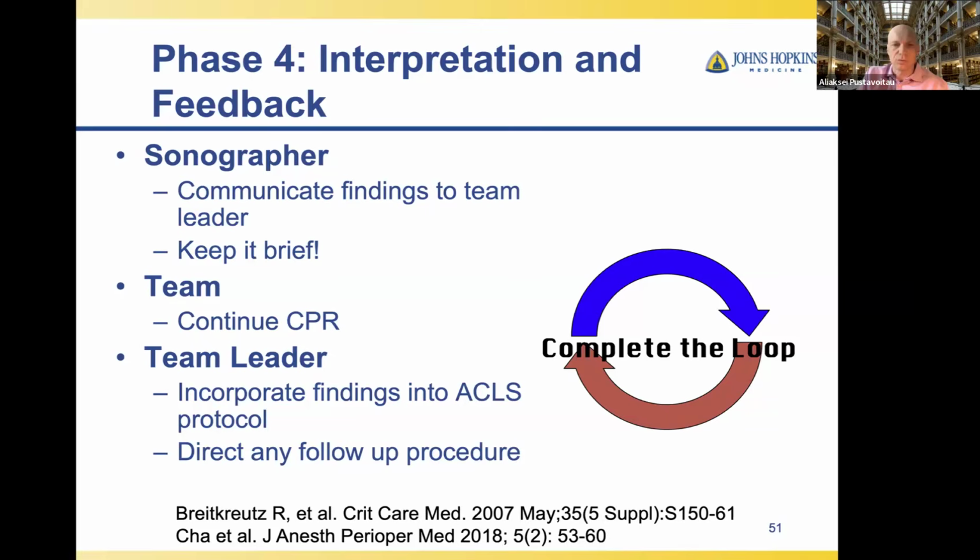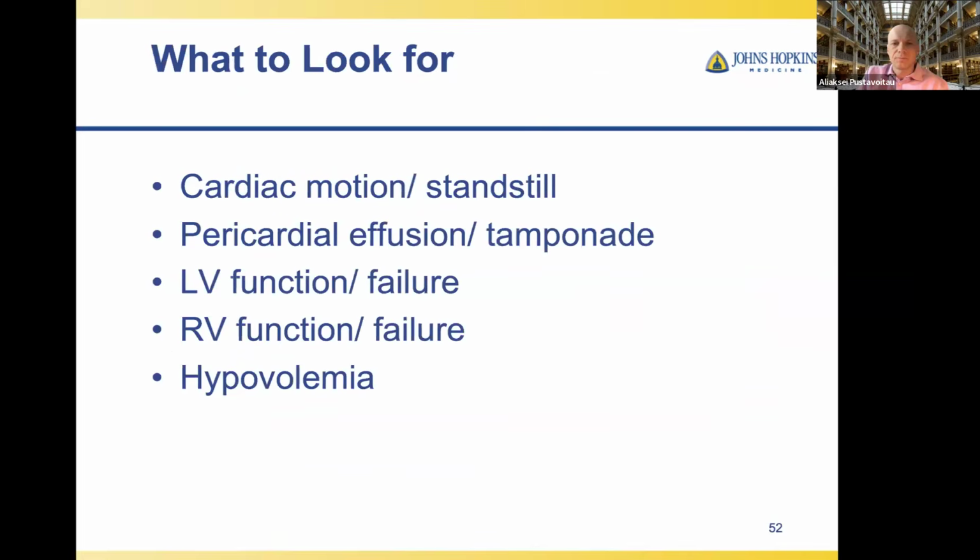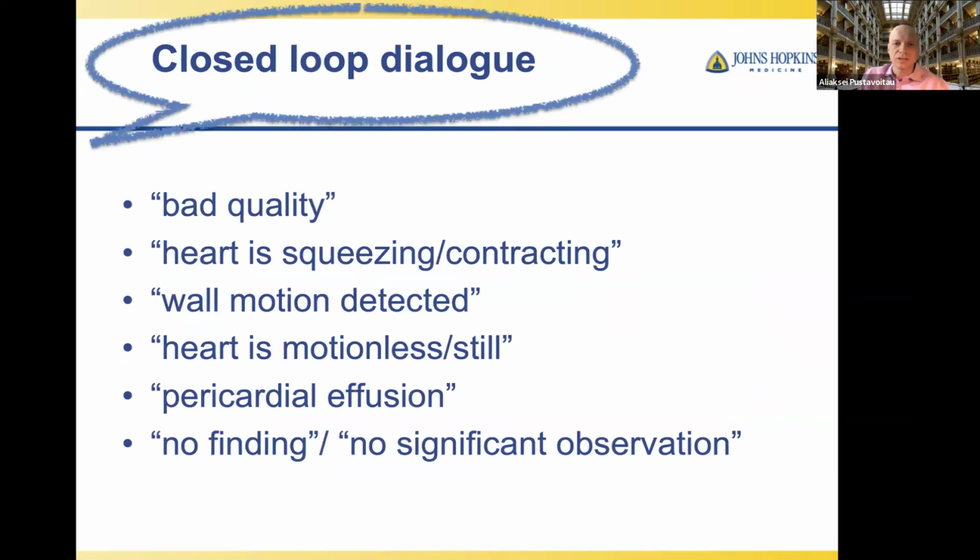Complete the loop. What we will look for is whether the heart is moving or not moving, and if it's moving, what's happening. Is there a tamponade, is the left ventricle moving, the right ventricle, are there signs of hypovolemia. So this is what the sonographer can report.